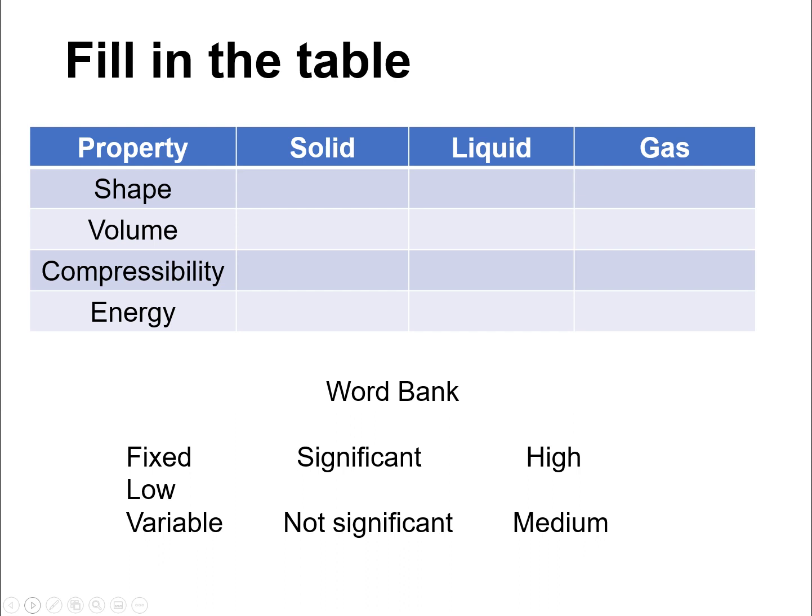It's not going to change if you put the coin into a cup, if you put the coin on the floor, if it's on the table. The shape of that coin is going to be the same. It's fixed. Same thing for the volume. No matter what you do to that coin, the volume is going to be the same. You're not going to change it.